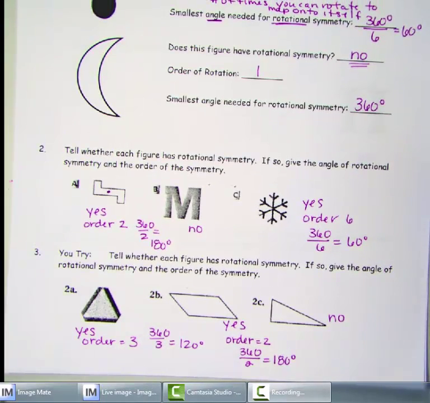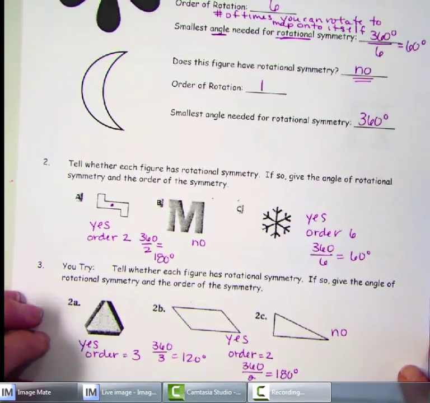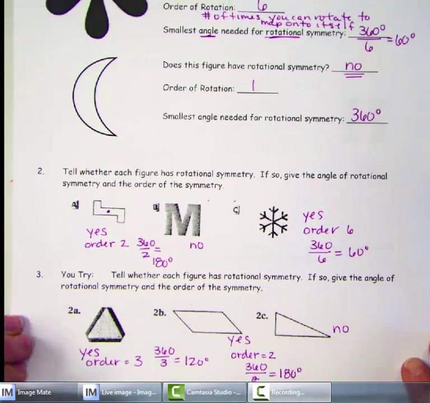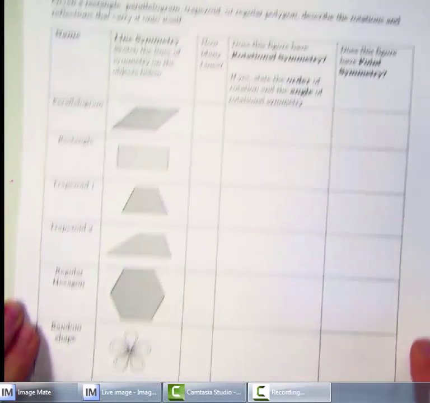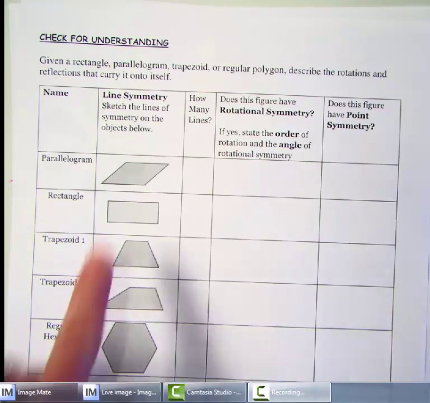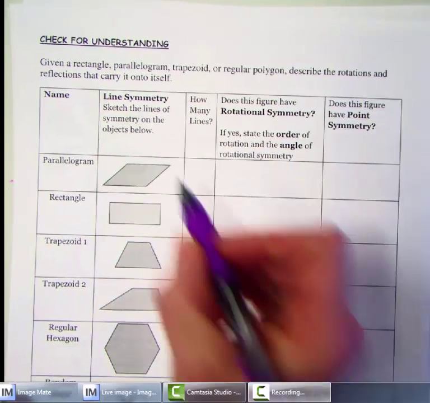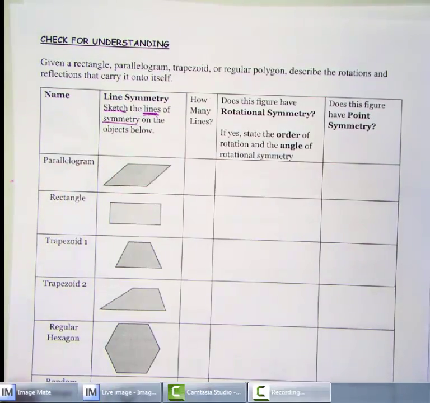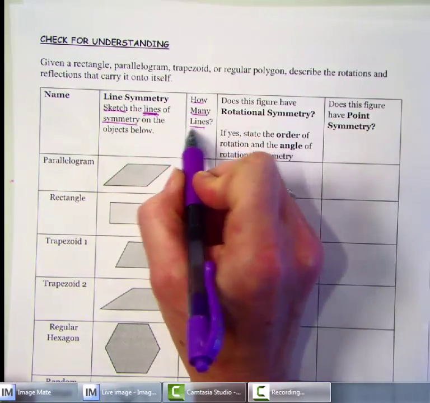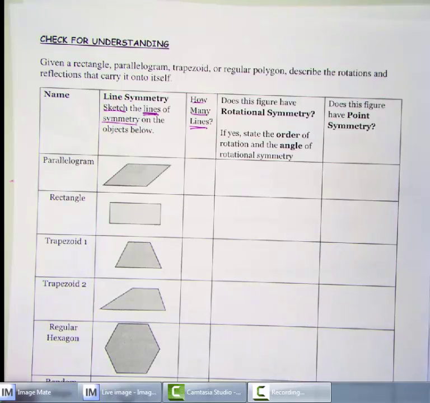If you need to go back and look at any part of this video, you can. What I'd like you to do now is work on the check for understanding. You're given these figures. You are going to sketch the lines of symmetry on the objects below. How many lines of symmetry did you draw?